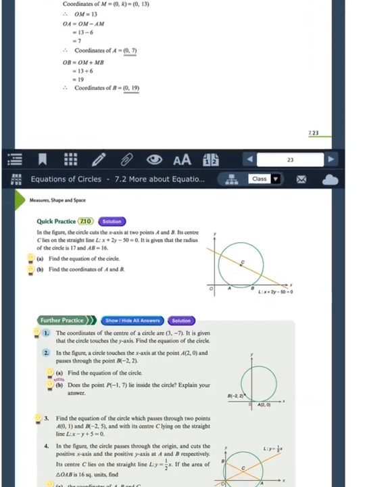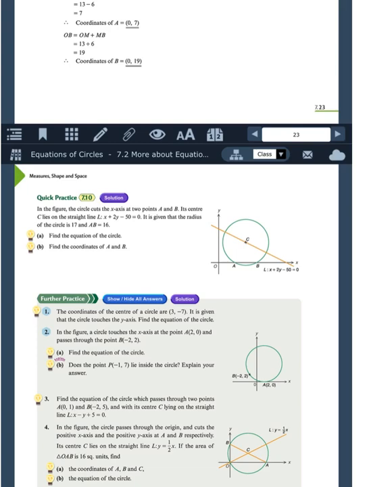Now you may finish quick practice 7.10. The radius is 17 and AB is 16. Using a similar technique, I may draw the straight line from the center to the midpoint of chord AB, which is perpendicular to chord AB.